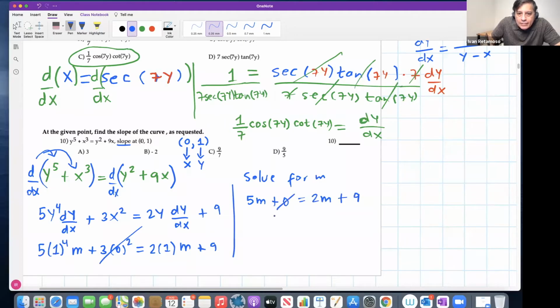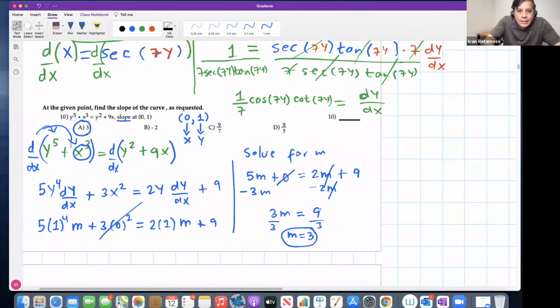This disappears, minus 2m, 3m equal 9, m equal 3, right? After you divide both sides. Excellent. So we got this slope, right? Yeah. Very good. So this should be A. Very good. All right.